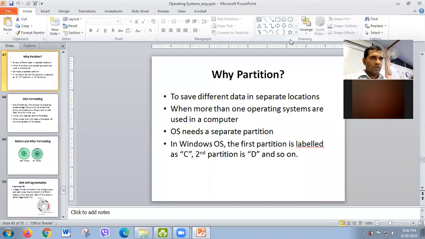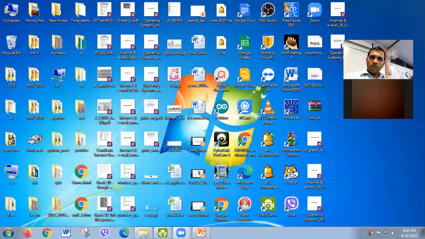My computer's partitions, right? How to see the partitions? First of all, there are so many ways to get to the partitions, not one. First of all, you have to find the computer icon. There is an icon called computer, maybe on the desktop. You know, this area is called desktop.